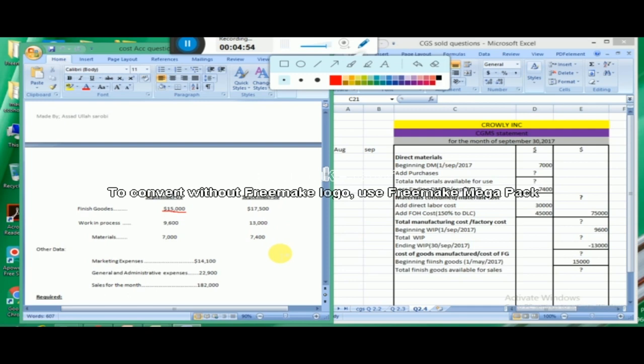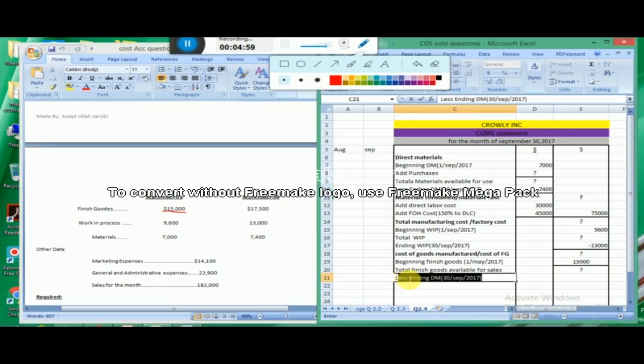So we will subtract their cost from here. So ending finished goods means on 30th May 2017. How much? Minus 17,500.